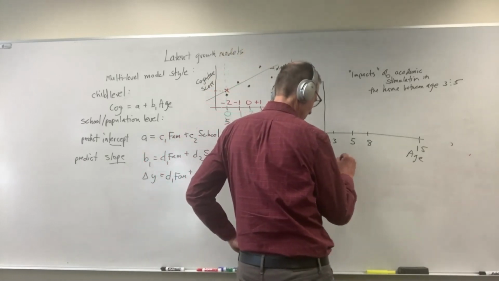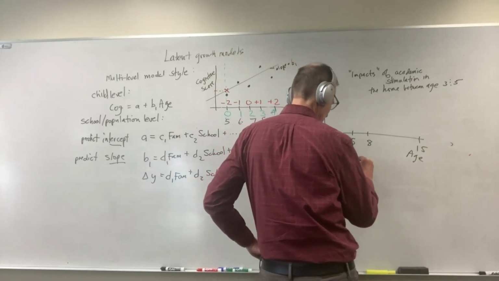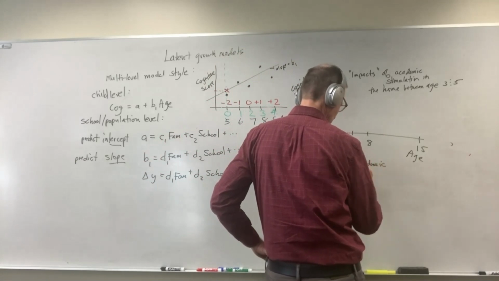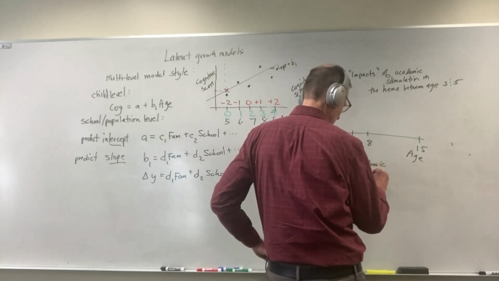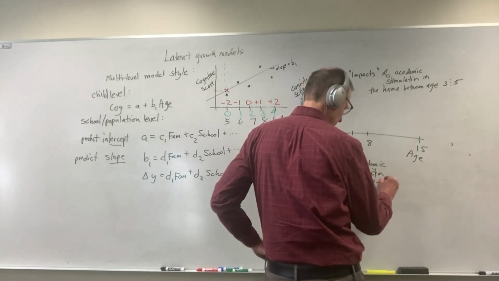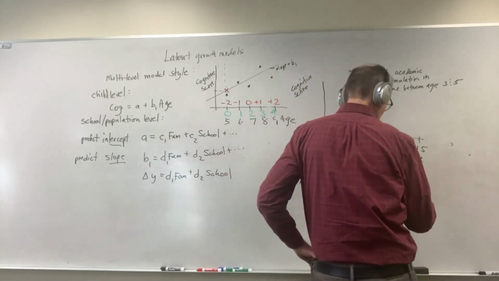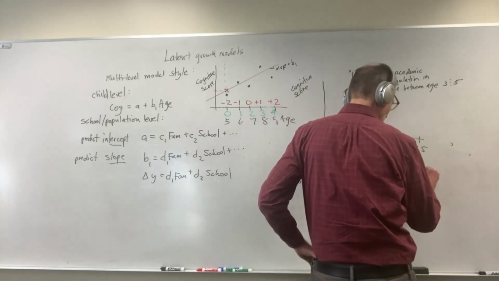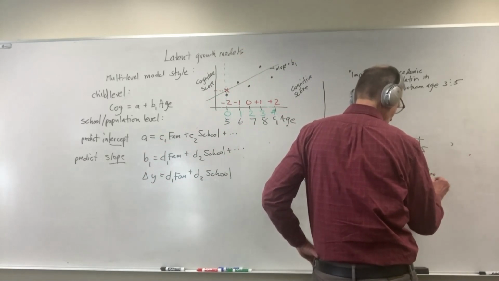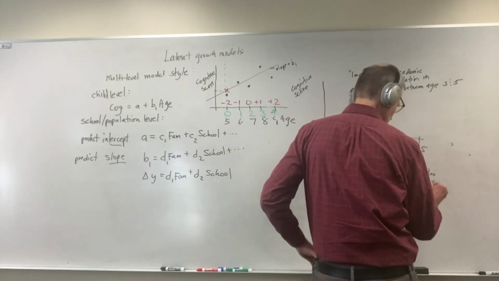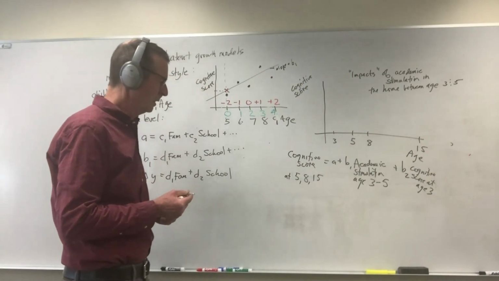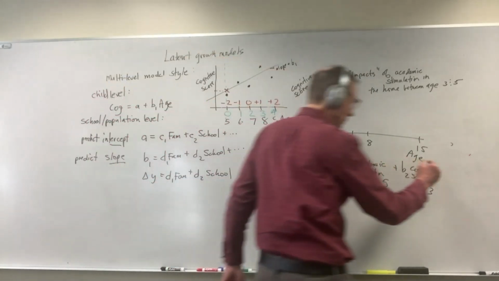Is some function of academic stimulation in the home, ages 3 to 5, plus B2 cognitive score at age 3. Right, so it's a lag-dependent variable model. This cognitive score, then plus other stuff.